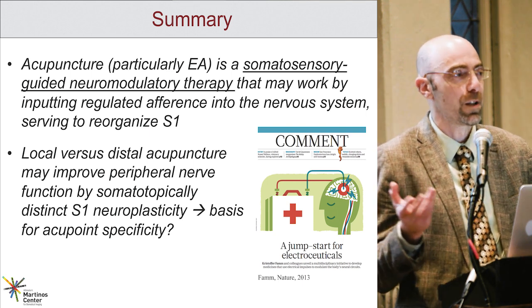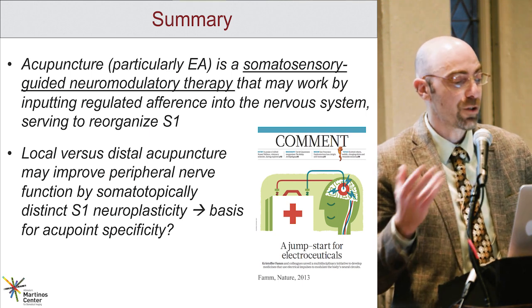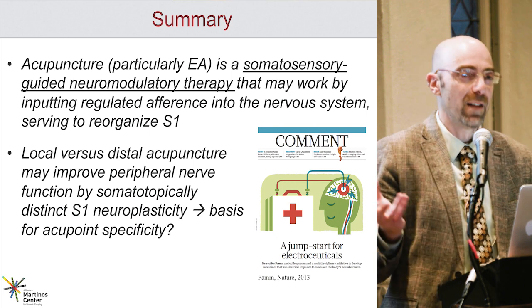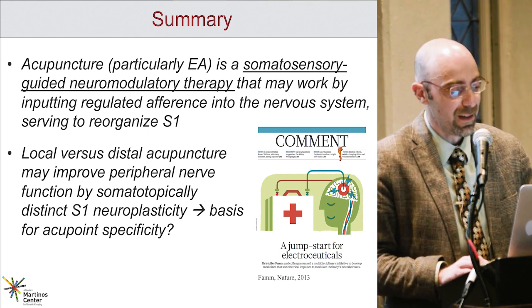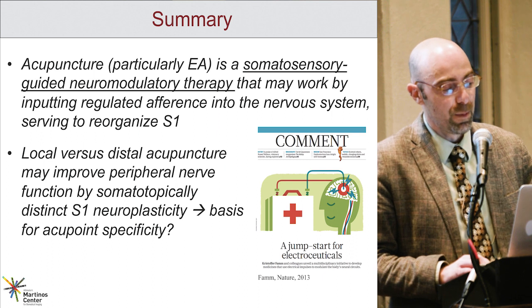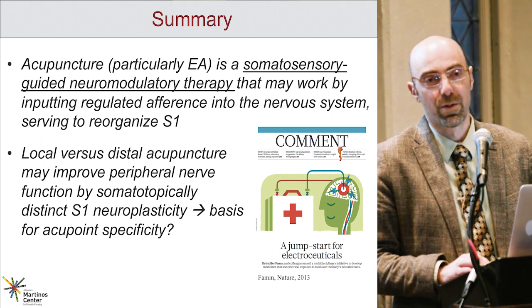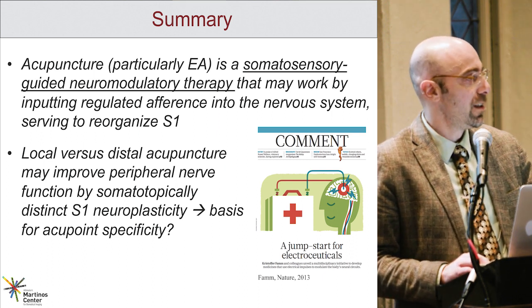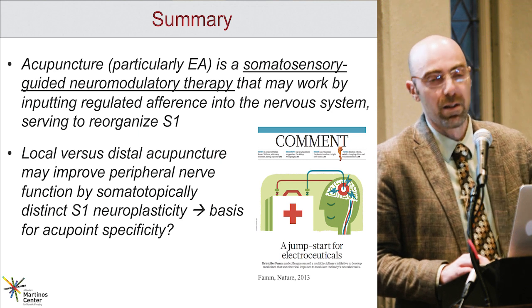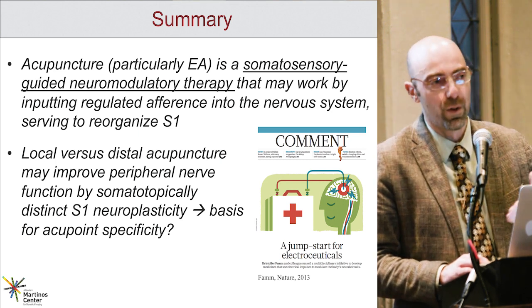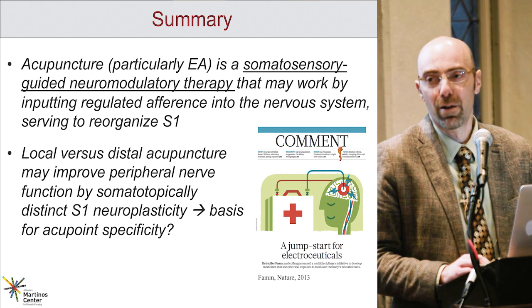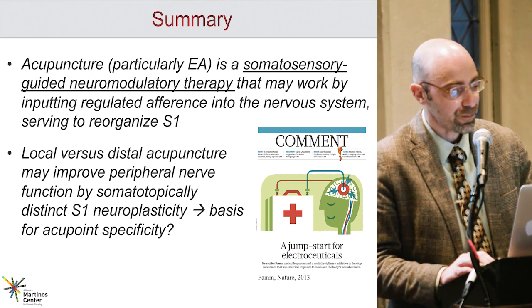There's a lot of drugs that have failed, especially for chronic pain. Can electrical stimulation be used as a way to also treat these patients? And so they dubbed this term electroceuticals, but acupuncture, specifically electroacupuncture, could potentially be folded into these types of therapies. That could be a good thing, it could be a bad thing, right, for the field. So it's just something to keep an eye on, I think, for all of us.